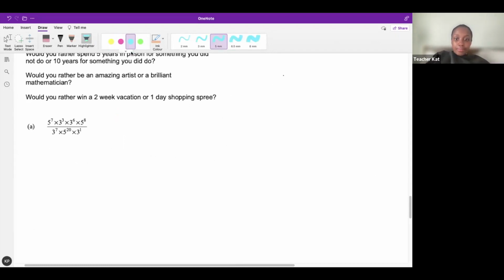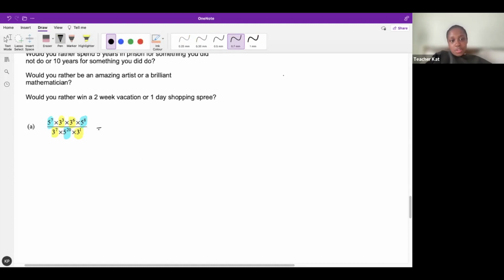So let me highlight them. What are my 2 different bases? Tell me in the chat. 5 and 3. So we have a 5 over there and over there and over there. And we have a 3 over there and over there and over there and over there. So those are 2 different bases.